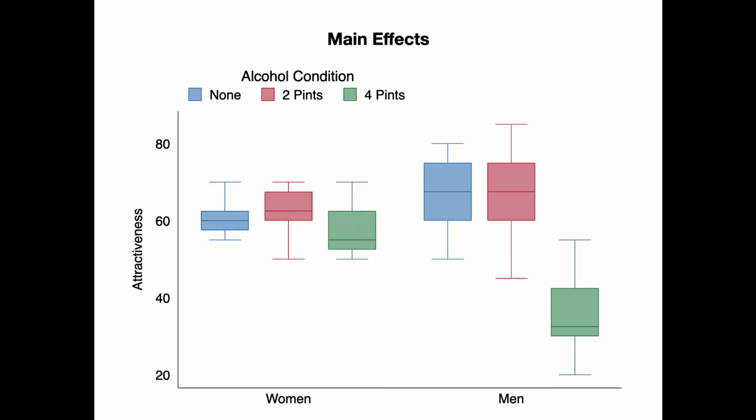And then if we want to compare none versus 2 pints versus 4 pints, then we're going to average these two together, these two together, and these two together, and then we'll compare them there. And so that's going to be our main effects for gender and drinks.